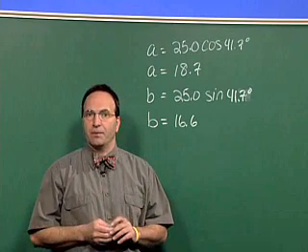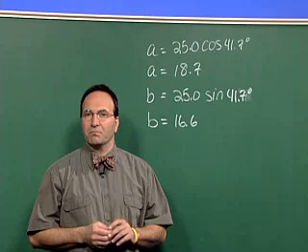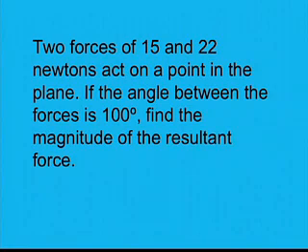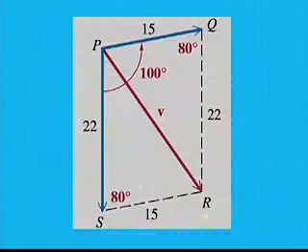Let's look at an example where we have two forces applied in different directions and we need to find the resultant force, which is the sum of those two. Two forces of 15 and 22 newtons act on a point in a plane. If the angle between the forces is 100 degrees, find the magnitude of the resultant force. And here's a graphic to show what's happening.